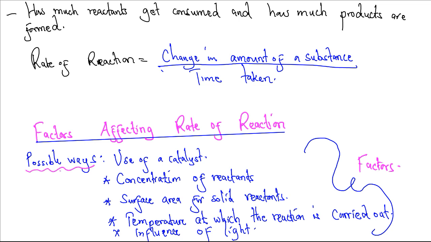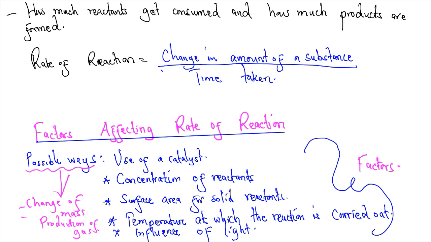So some of the ways linked to the factors, we have talked of something like change of mass, we've talked about production of gas, because those are the observations, those are the things that we clearly observe.